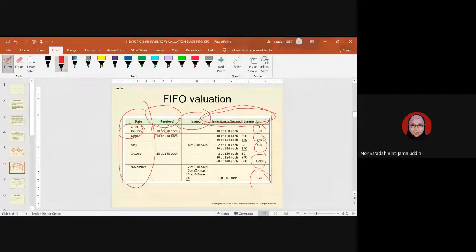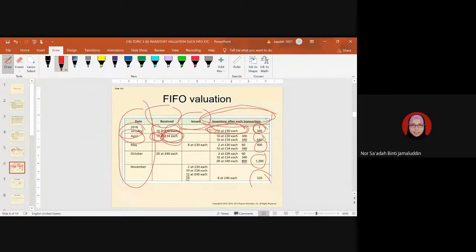After finish January, the month of January, you put your balance of inventory here. This is your balance. So bila masuk, letak baki dia ada 300. On April, you buy again 10, but on the 34 each.